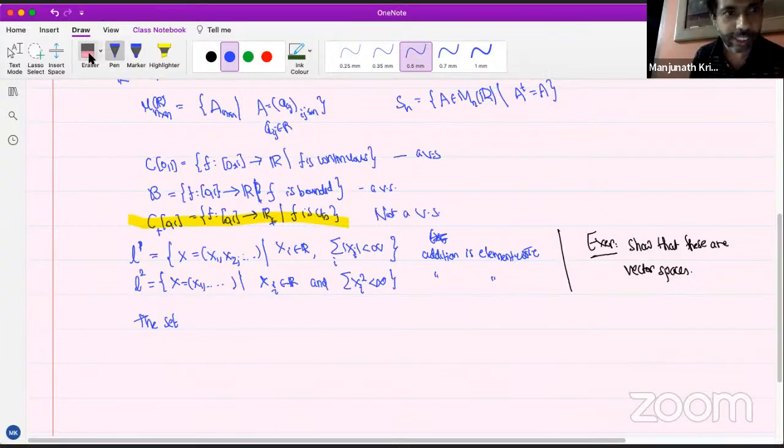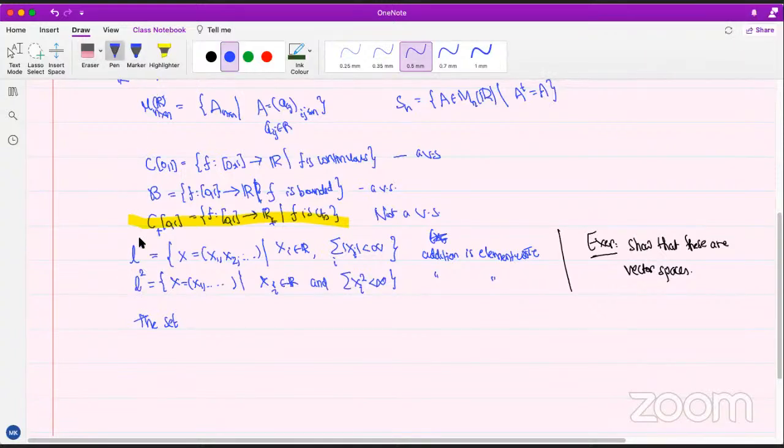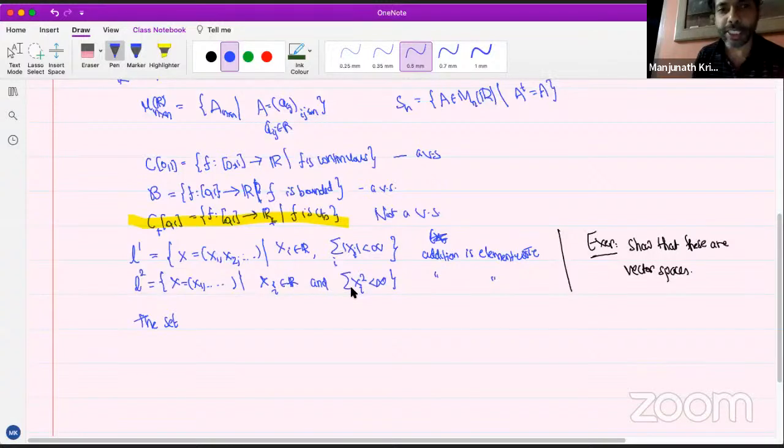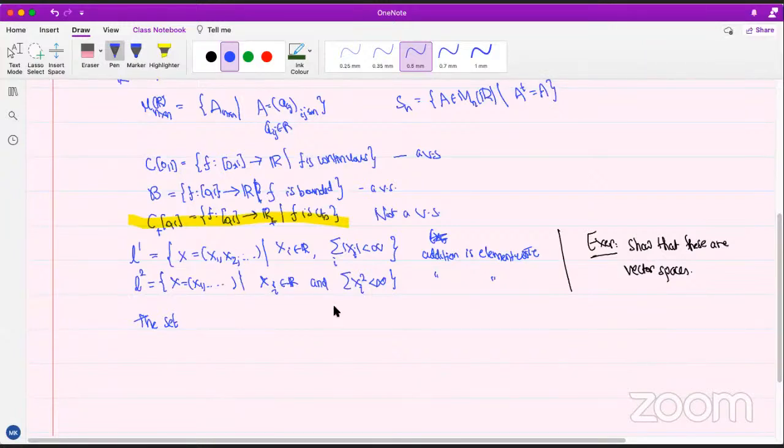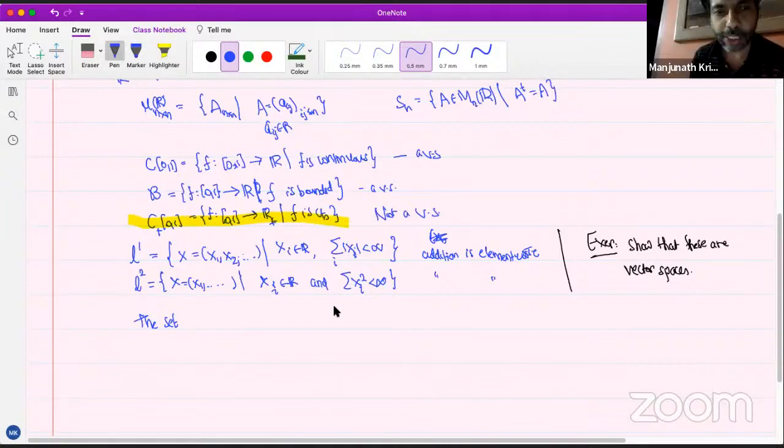Okay. Anyone else? Is one contained in another? Yes, L2 sequences always contain L1 sequences because we are taking squares. So which is easier to converge, if you sum the squares or if you sum the absolute values? Sir, squares. So which is a subset of which?